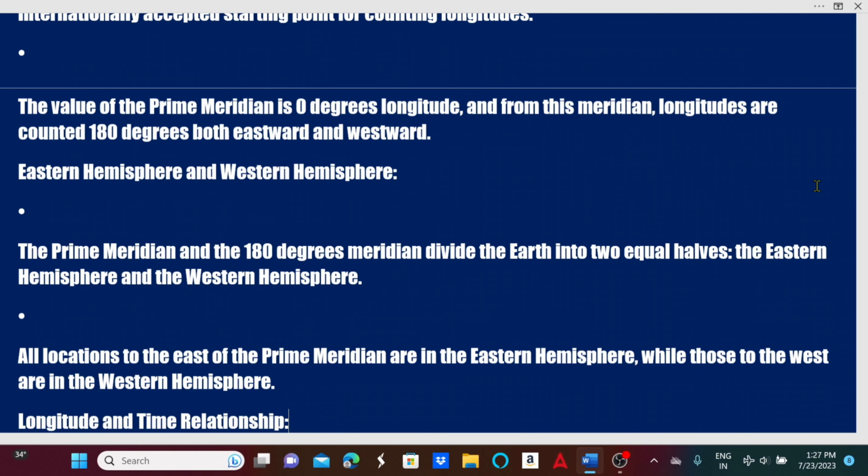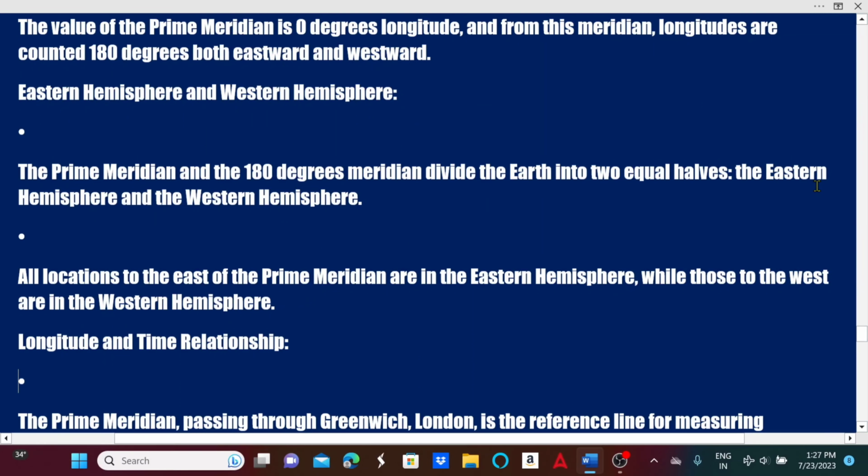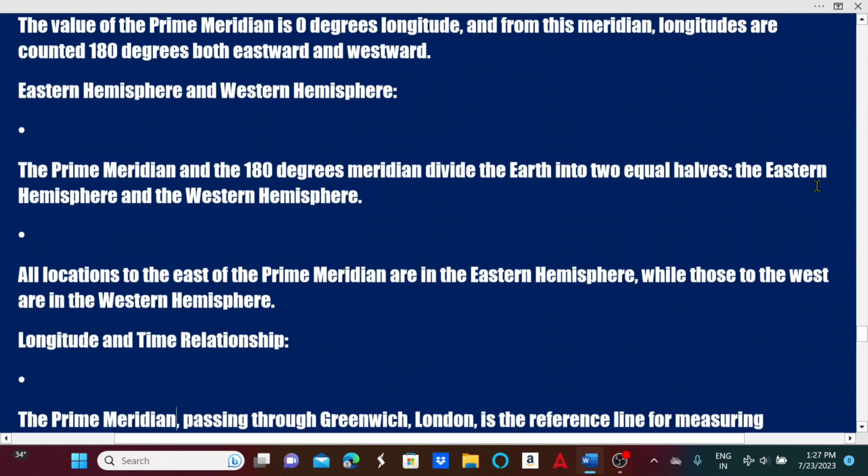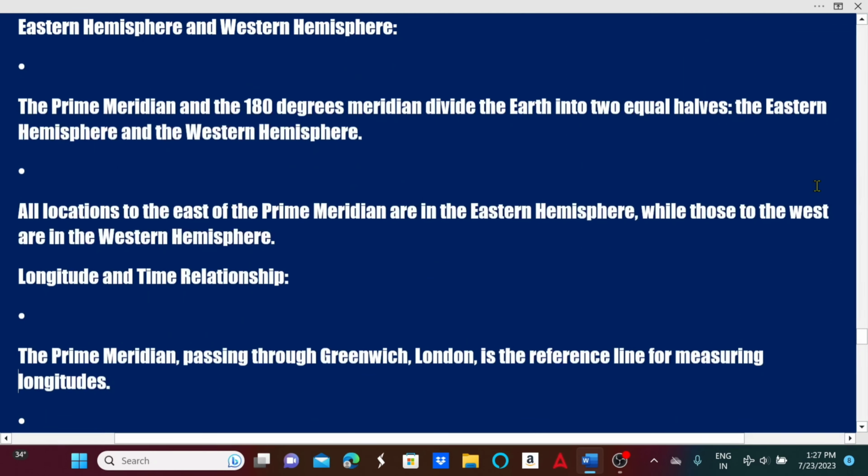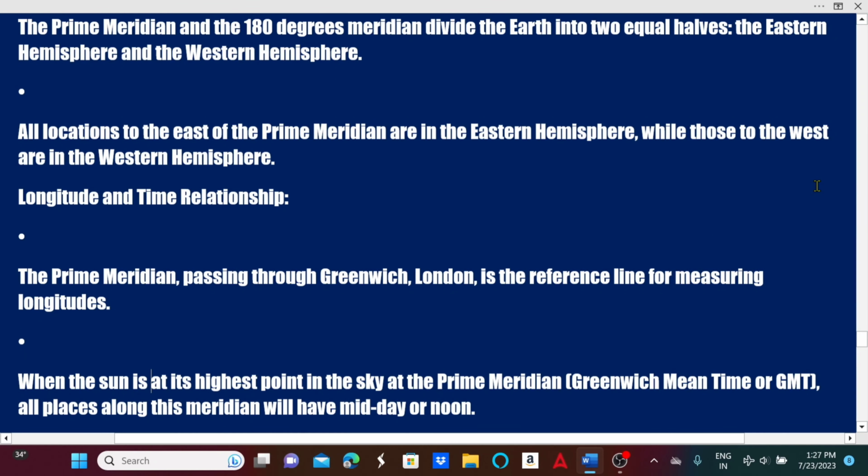Longitude and time relationship. The prime meridian passing through Greenwich, London, is the reference line for measuring the longitudes. When the sun is at its highest point in the sky at the prime meridian, Greenwich Mean Time, GMT, all places along this meridian will have midday or noon.